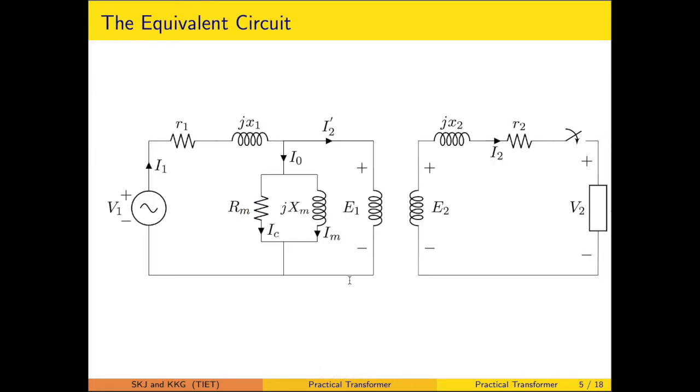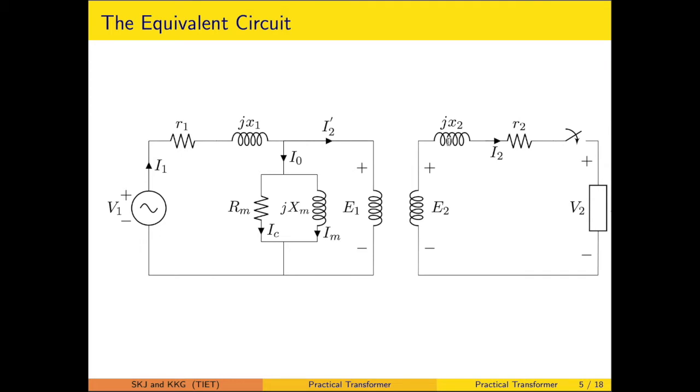Accounting for these parameters, the equivalent circuit looks like this. Here, the primary winding resistance is represented by R1, and the primary leakage reactance is jX1.